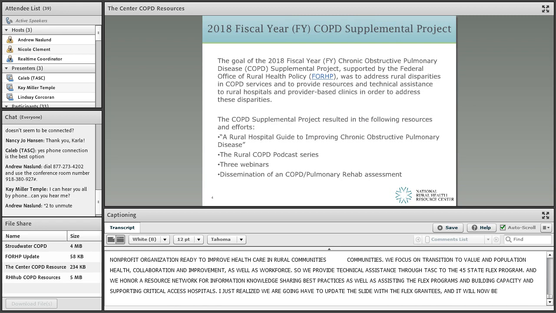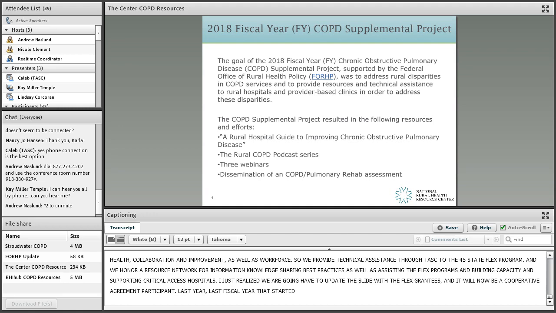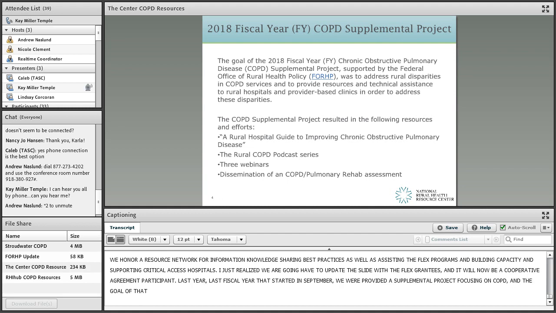Last fiscal year, which started in September, we were provided a supplemental project focused on COPD, and the goal of that was to provide some resources and address rural disparities in COPD.